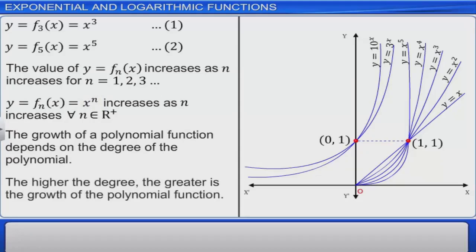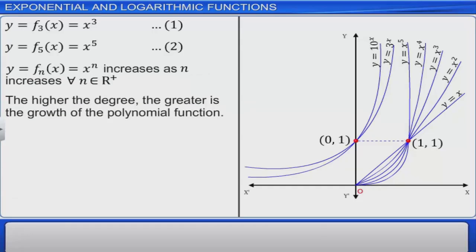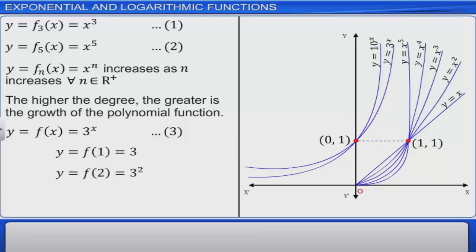Now, look at another function y is equal to f of x is equal to 3 raised to power x. Here too, an increase in the value of x from 1 to 2 implies an increase in the value of f of x from 3 to 3 squared.